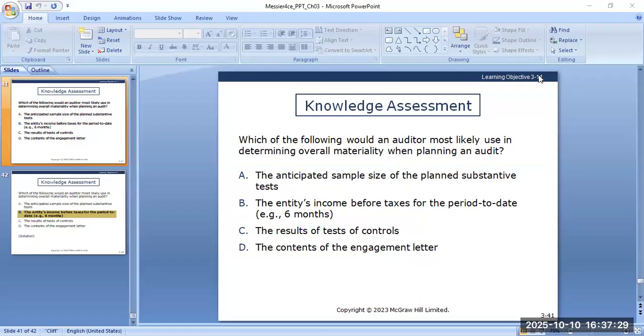As you have mentioned, Prof, there are levels to assess. So one is the entity's income before taxes. So which one are we going to choose for our overall materiality when we're planning the audit?